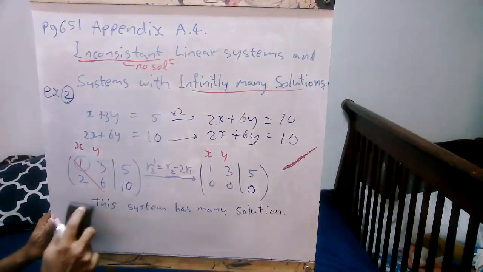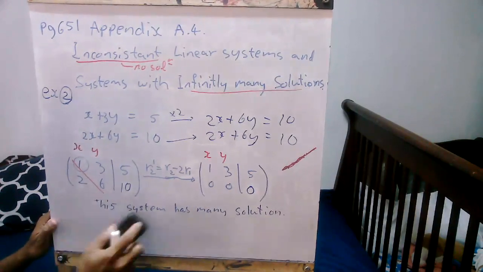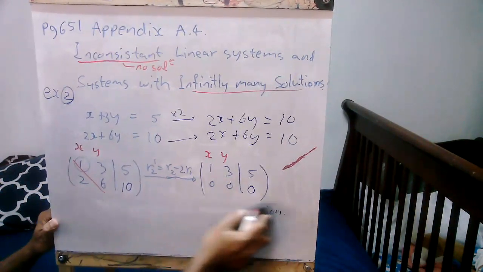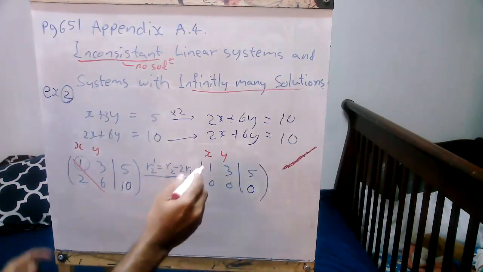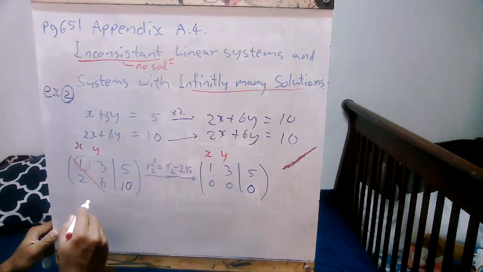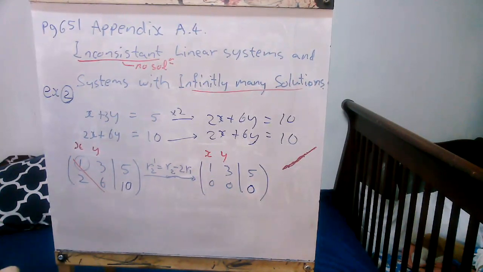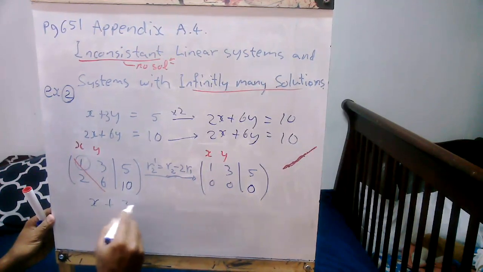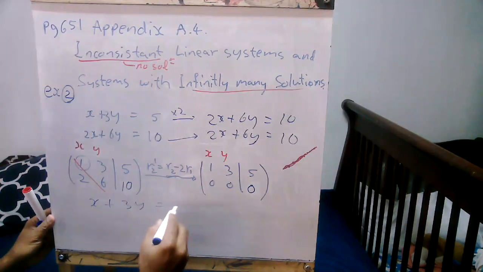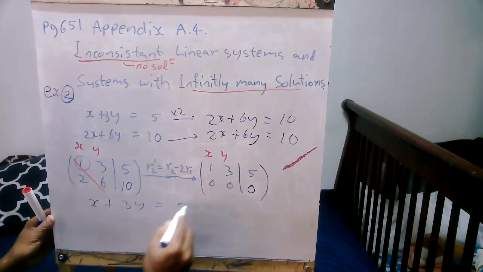Instead of saying the system has many solutions, which is true, we can say x plus 3y equal to 5.